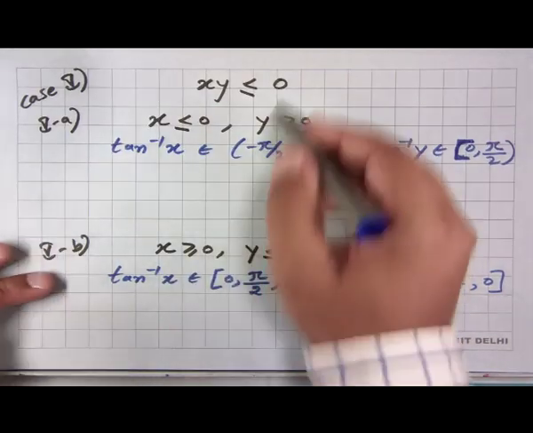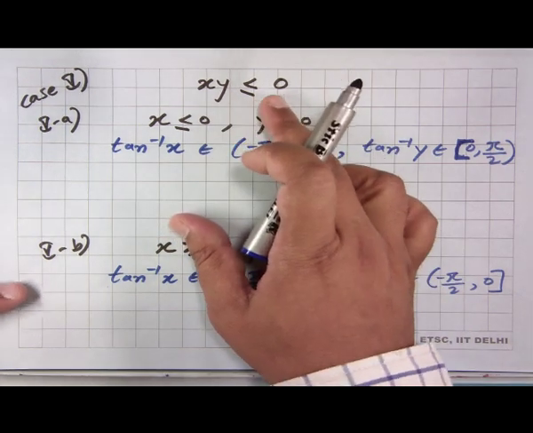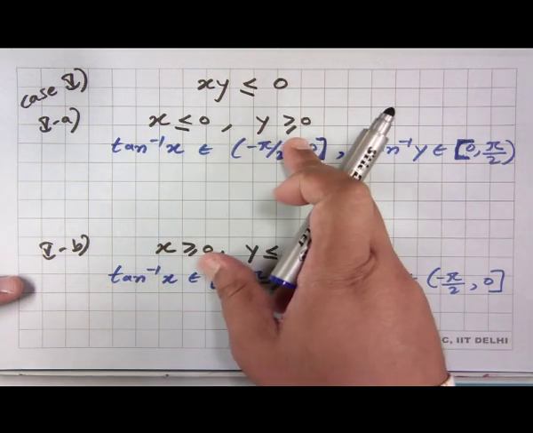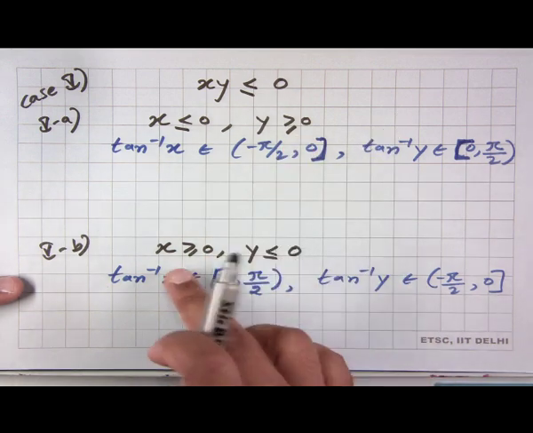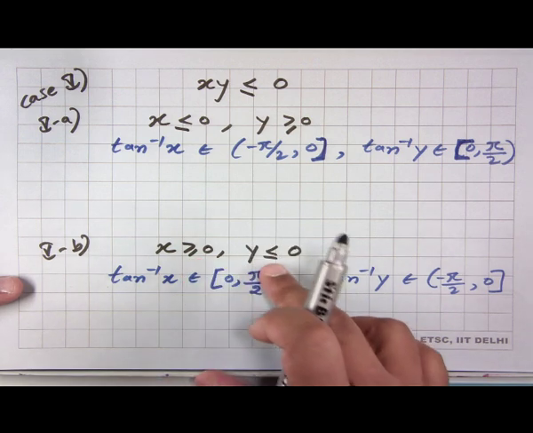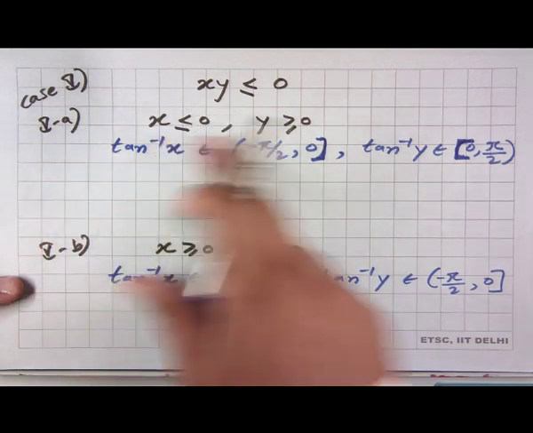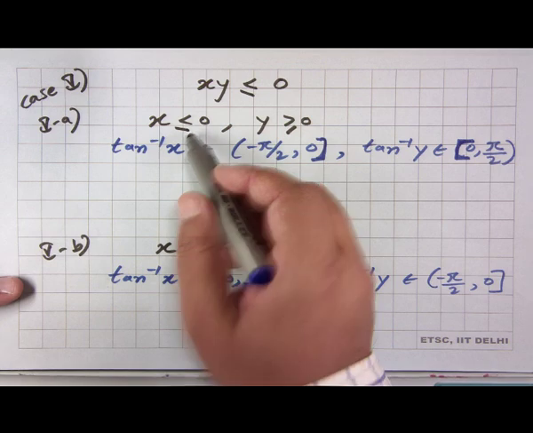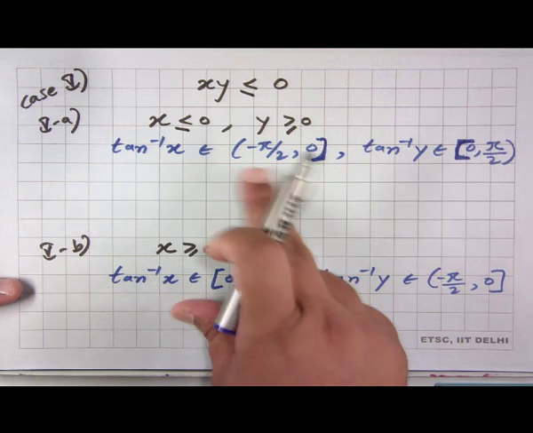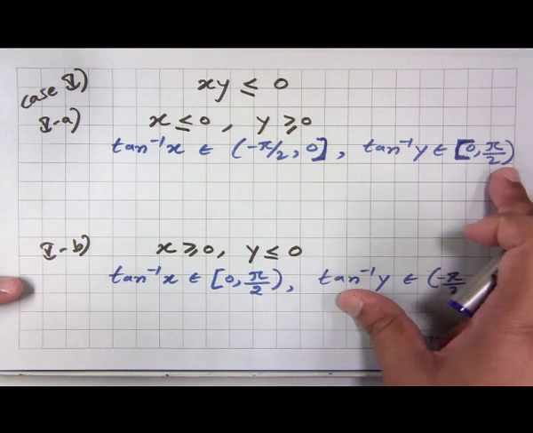This is quite easy, because when x and y are non-positive, one case is that x is less than or equal to 0, y greater than or equal to 0. The other is the opposite: x is greater than or equal to 0, but y is less than or equal to 0. So for case 5a, because x is less than or equal to 0, tan inverse x will belong to the interval minus pi by 2 to 0, and tan inverse y will belong to 0 to pi by 2.